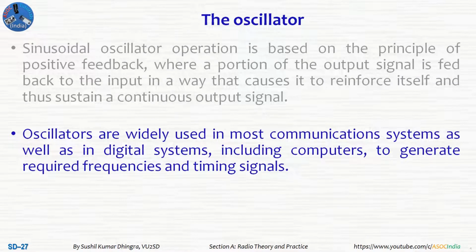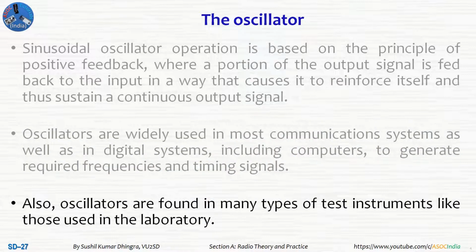These oscillators are widely used in most communication systems as well as in digital systems, including your computer, for the time clock to generate the required frequency and timing signal pulses, and in transmitters and receivers everywhere it is required. Oscillators are found in many types of test instruments also, those used in laboratories.